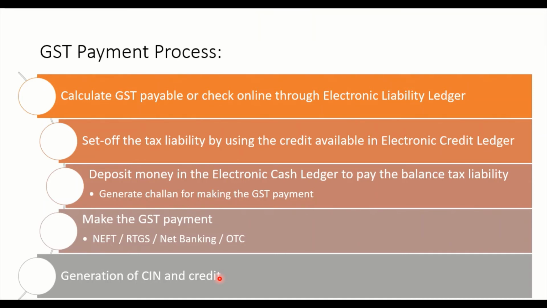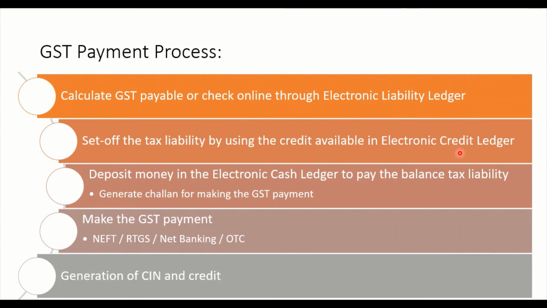So this is the payment process. Calculate GST payable or check online through the electronic liability ledger. You can do that manually or check using the electronic liability ledger, which is already there. You need not calculate. Then set off the tax liability by using the credit available in the credit ledger.